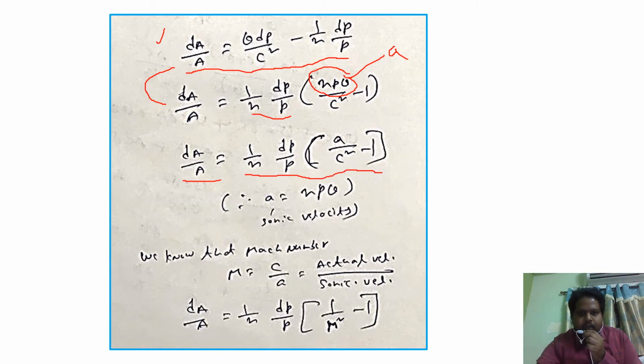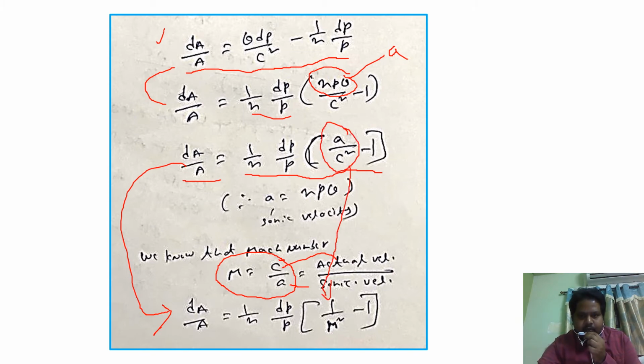As we know that Mach number is M equals to C by a. C means actual velocity, a is the sonic velocity. So the above equation we can write as dA by A equals to 1 by n dP by P, in place of a square by C square, here I have written 1 by M square minus 1.